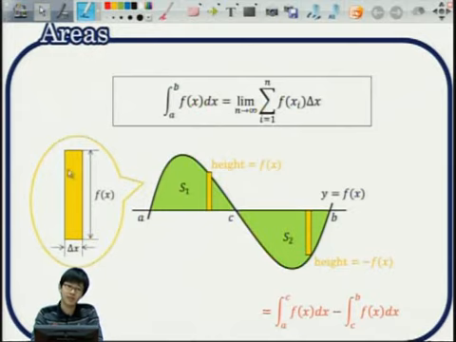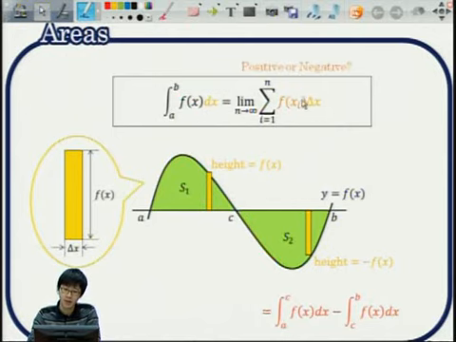You remember all this, dividing into n strips, and the height is this, and this was one component of this rectangle. All these rectangles. So this dx and delta x are the same, and this f will be positive or negative. We have to think if this is positive or negative. If this is positive, then the area is the same as we did in the last lecture.